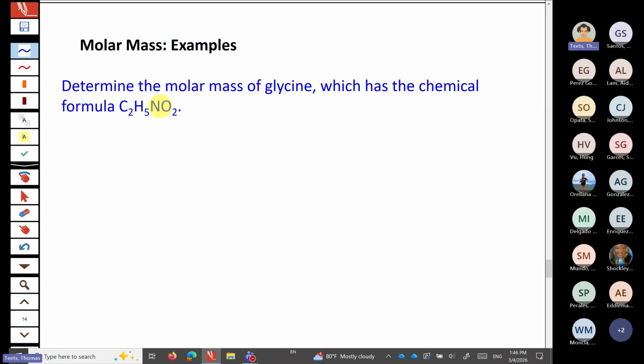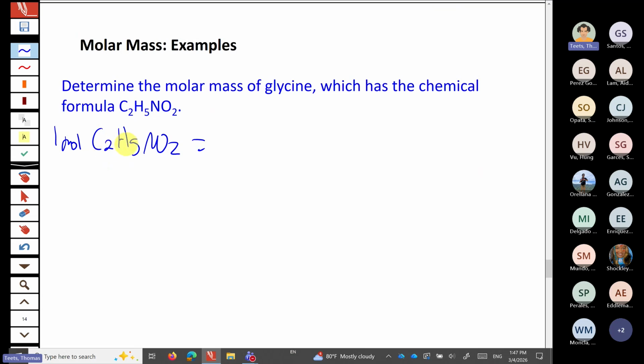But at this point, we're talking about moles, and the other interpretation of chemical formulas is that if you have 1 mole of this substance with this chemical formula, the subscripts in the chemical formula tell you how many moles of each element you have in 1 mole of that compound.